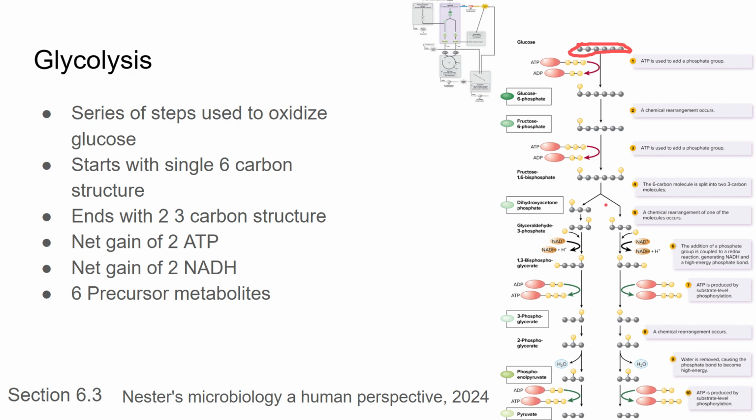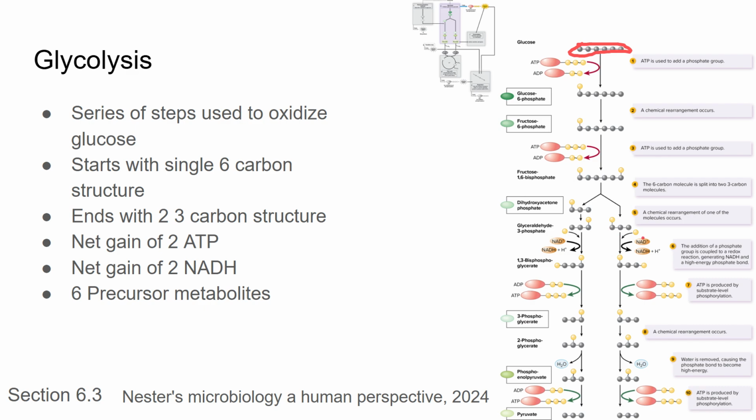and then we're going to split it up into 2 3-carbon molecules or structures, and one of them is going to be made directly into glyceraldehyde 3-phosphate, and the other one will go into an intermediate called dihydroxyacetone phosphate, but eventually it will be converted into G3P as well.